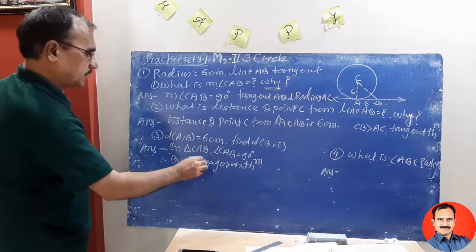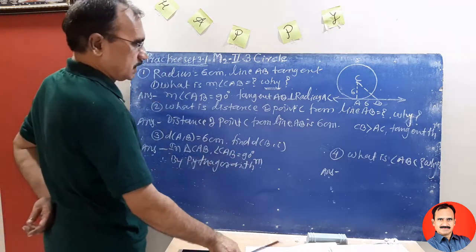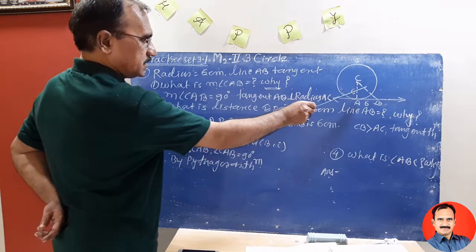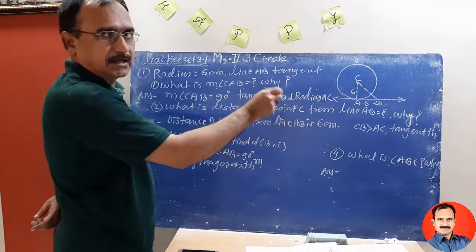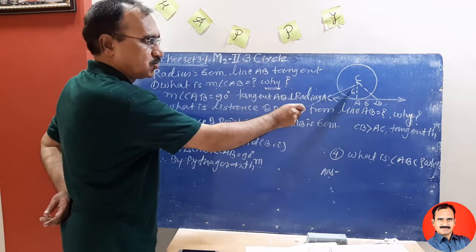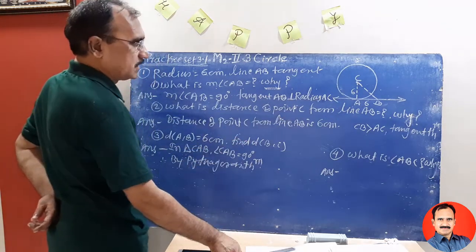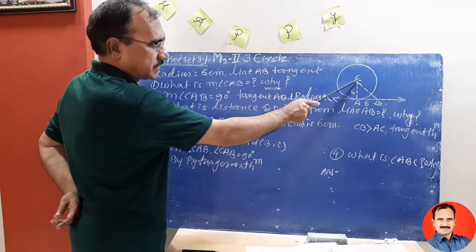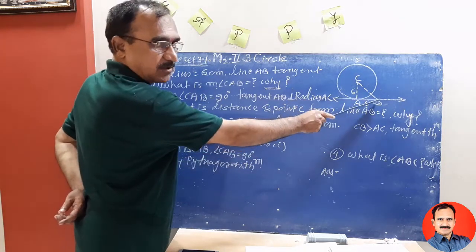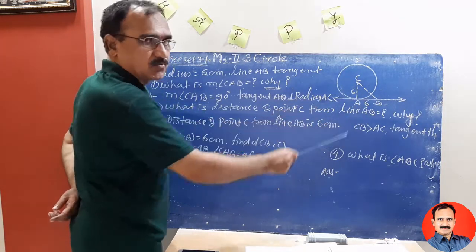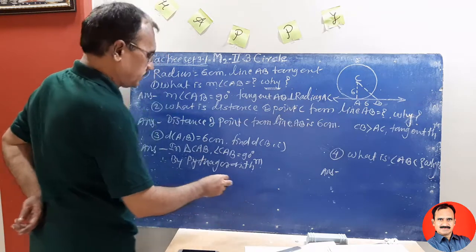Therefore, by Pythagoras theorem, if this angle is 90, this triangle is a right angle triangle, and in any right angle triangle, if we know two sides, we can find the third side with the help of Pythagoras theorem. What is the formula of Pythagoras theorem? Square of hypotenuse is equal to sum of squares of remaining two sides.